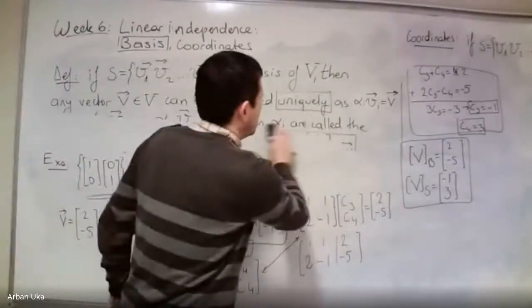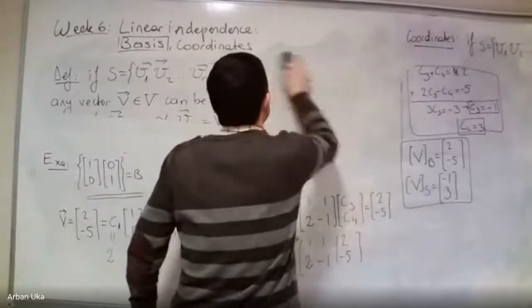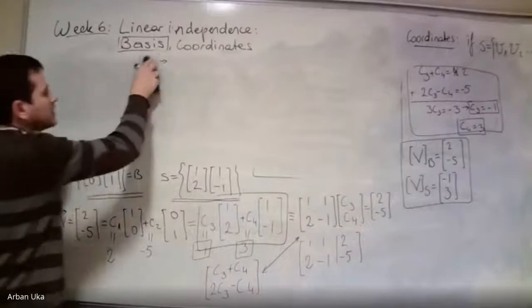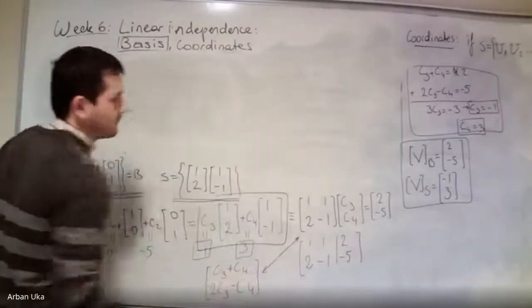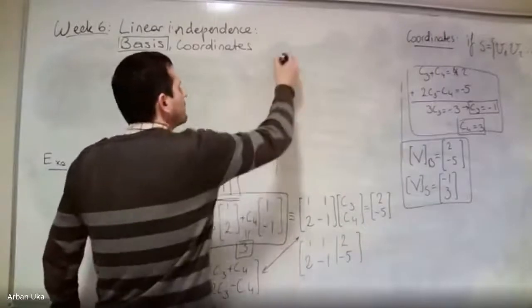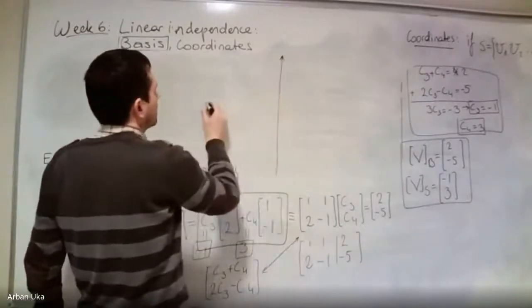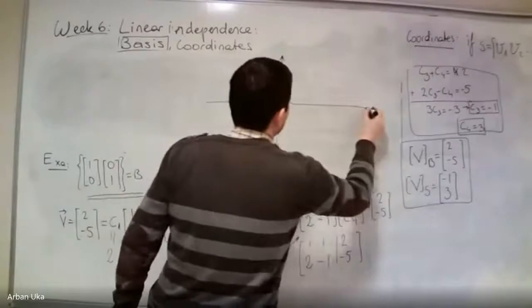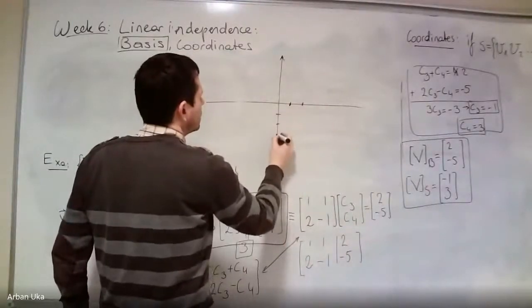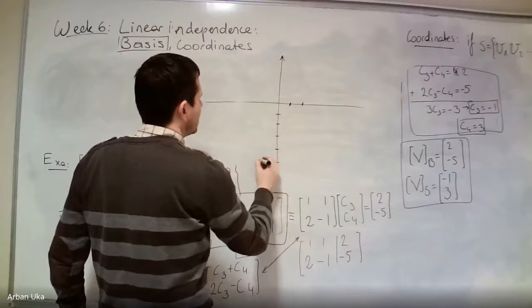Now, the vector 2, minus 5 is 1, 2, 1, 2, 3, 4, minus 5.